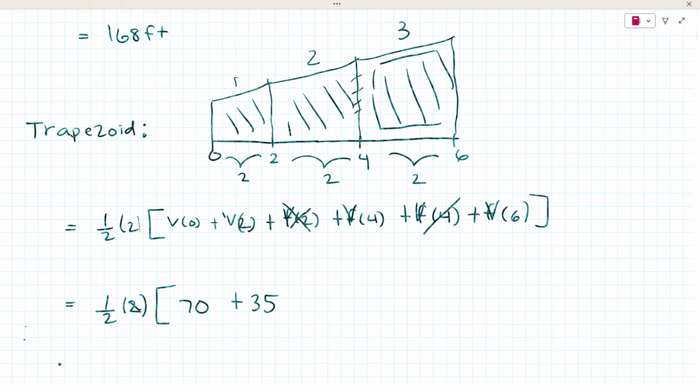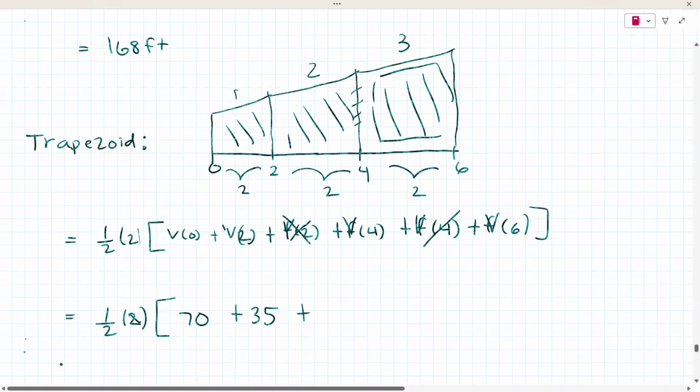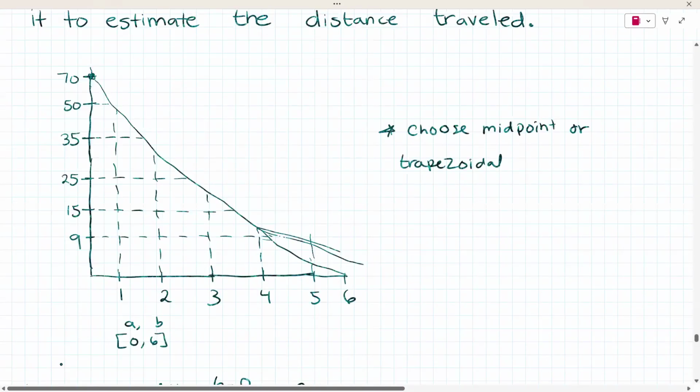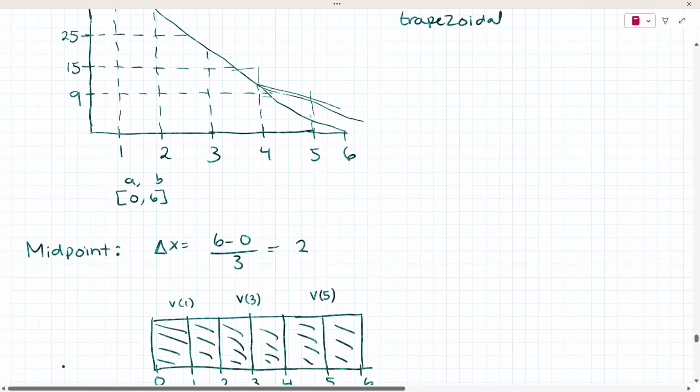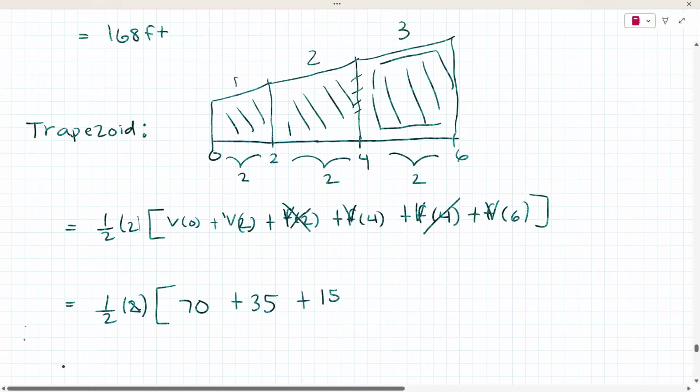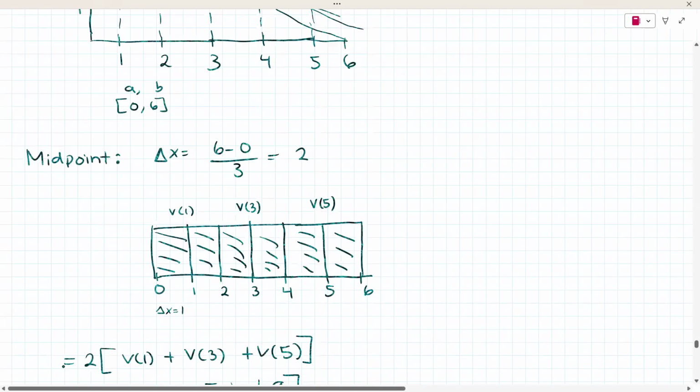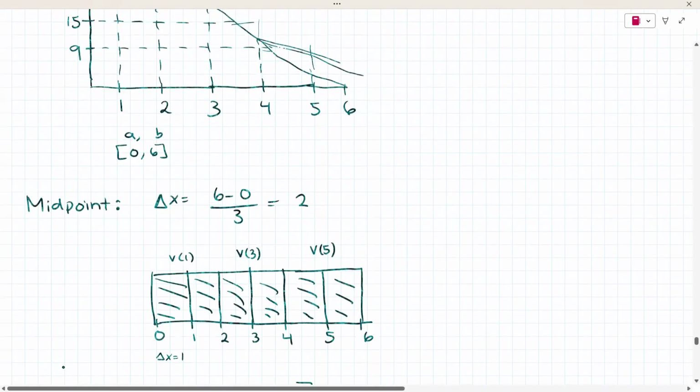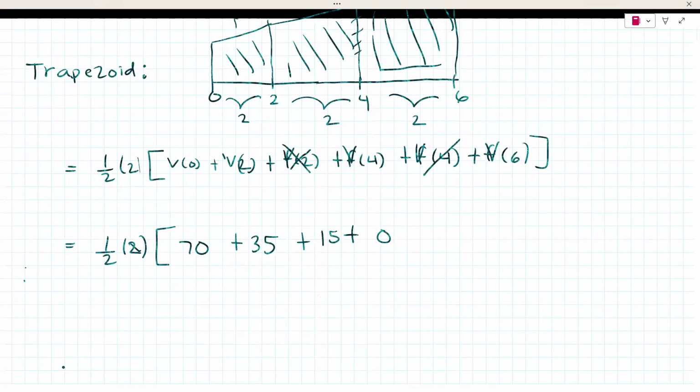And then you do have to find v of 6. So this would be 35, and v of 4 is about 9. I mean, not 9, it should be 15. My graph is off. And then v of 6 should be 0. When you put it all together, you should get 170 feet.